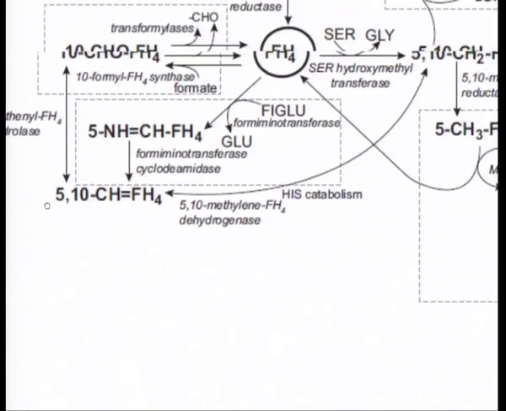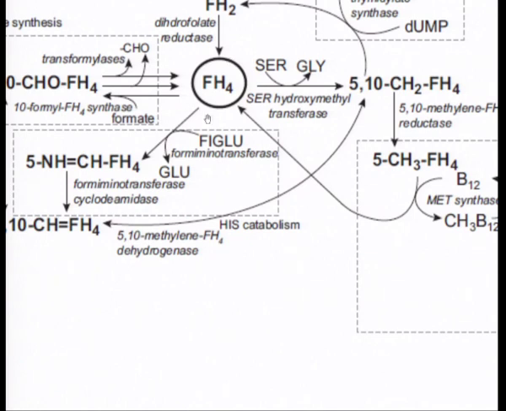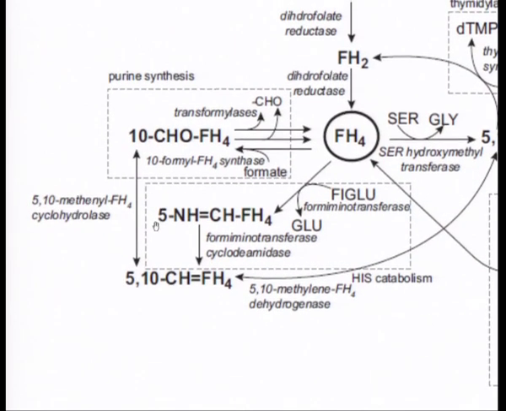So, this particular compound is the central piece of a variety of metabolic functions. Here you see how tetrahydrofolate plays an essential role in purine synthesis. You have 10-formyl tetrahydrofolate synthase, and there is one more enzyme, 5,10-methenyl tetrahydrofolate cyclohydrolase.